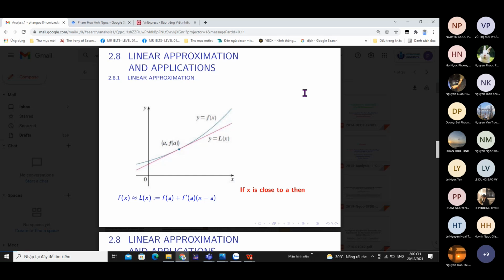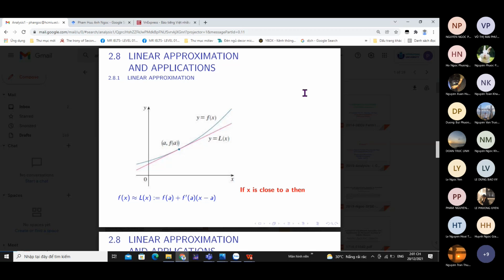So roughly speaking, the equation of the tangent line, as you can see here on the right hand side, y equals f of a plus f prime of a times x minus a, is exactly the equation of the tangent line to the graph of f at the point a, f of a. And when x is close to a, the value of f of x is approximately f of a plus f prime of a times x minus a.